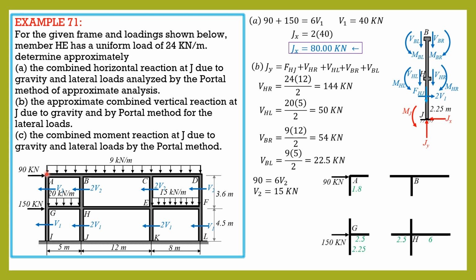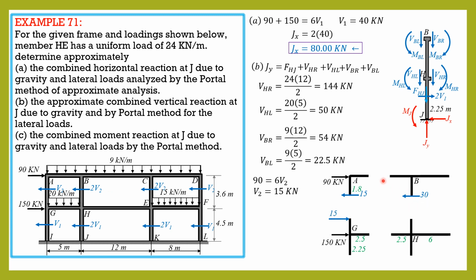So let's now have the free body diagram. This portion, green colored figures are distances or lengths. So let's have 15 kilonewtons here, which is V sub 2 times 2, so 30 kilonewtons.